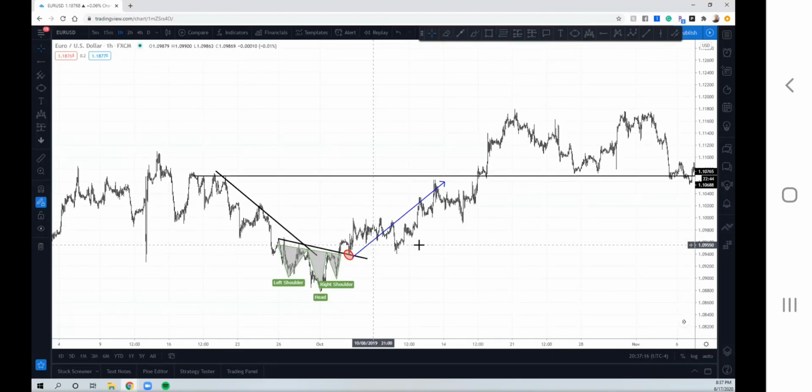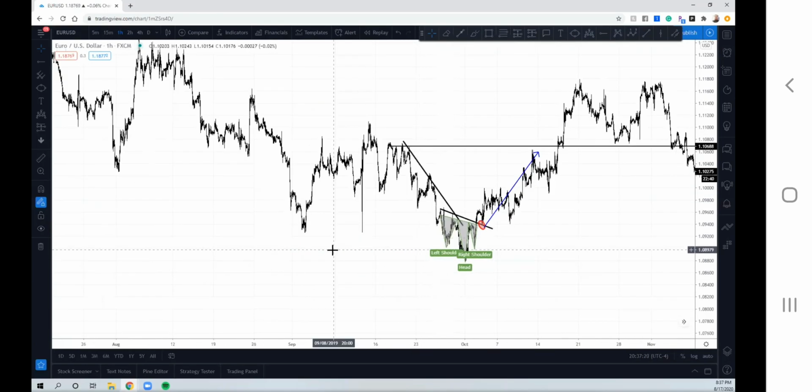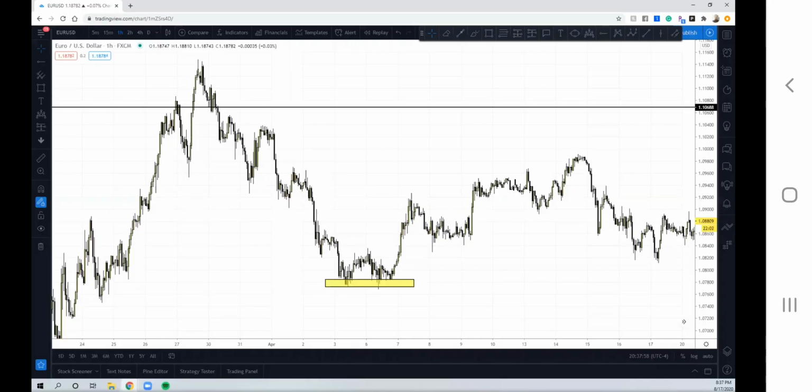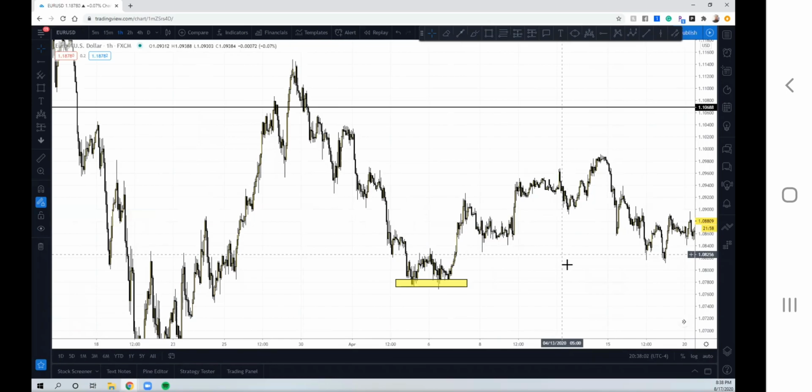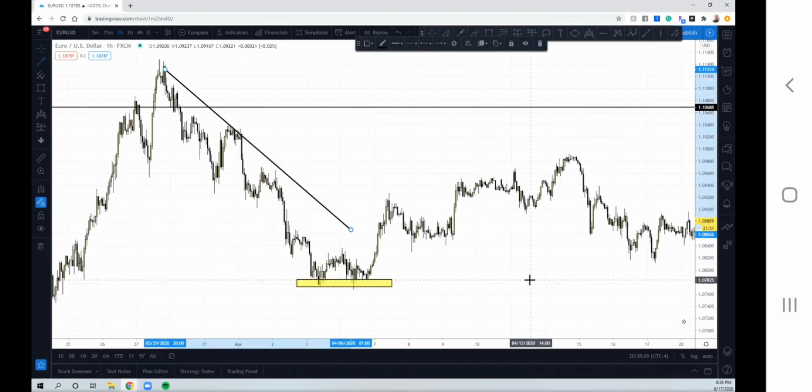So now let's see what the example would be for a double bottom or W pattern. Here's an example of a double bottom or W pattern. Here we have a clear downtrend, like so.